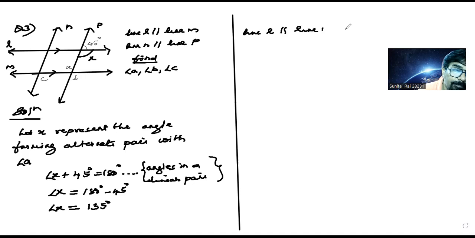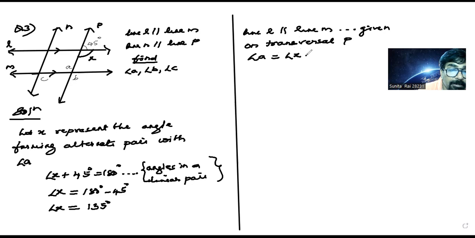Given, and it has more than one transversal. Yes, there are two transversals. On which transversal is this? On P. For this, better write on transversal P. Okay, can you see this transversal P? Can I write angle A is equal to angle X by alternate angles theorem?